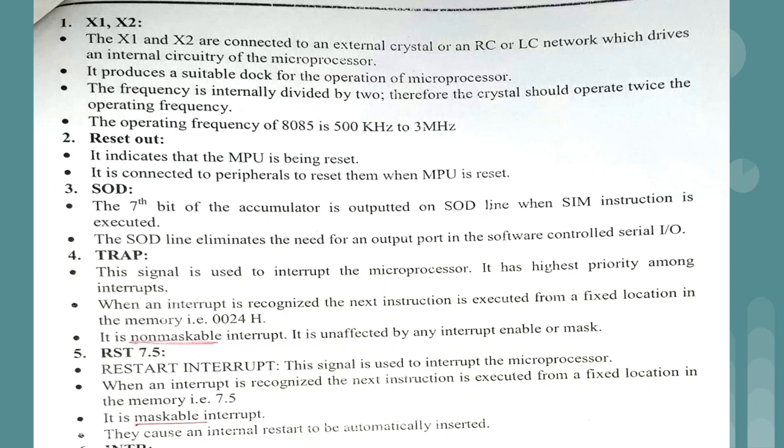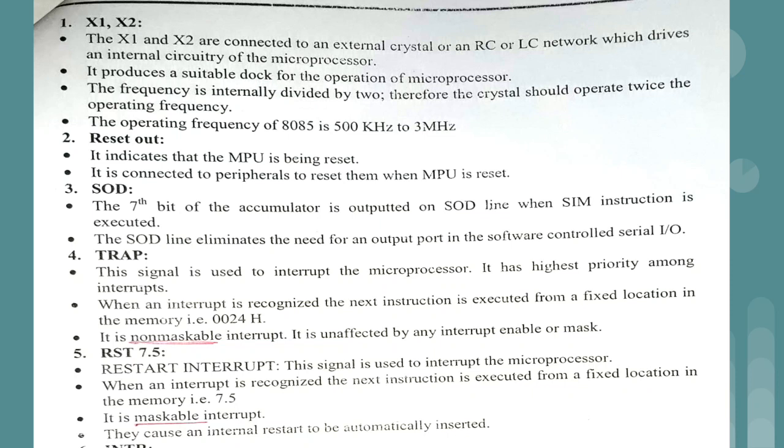The first pin, the trap pin, is used to interrupt the microprocessor. Whenever we want to interrupt the microprocessor, we send the input to this trap pin, and this is the highest priority interrupt. Whenever a trap interrupt occurs, we have to resolve it as soon as possible.